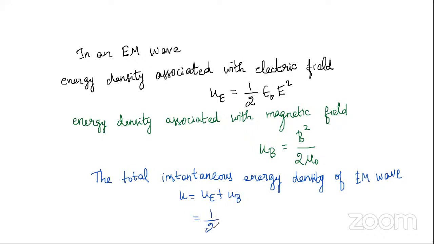So that will be half epsilon naught E square plus B square by 2 mu naught.